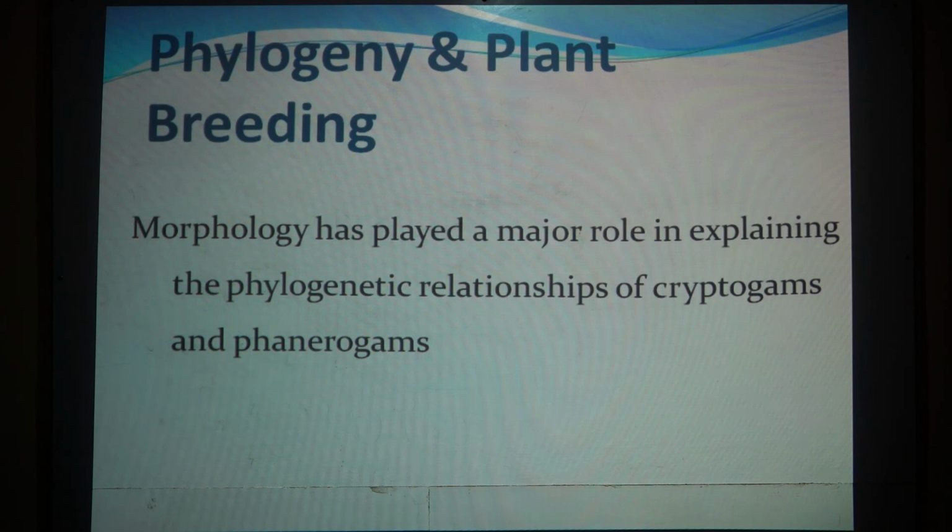The similarities as well as dissimilarities in morphological features of higher plants like angiosperms and gymnosperms, as well as lower plants like algae, bryophytes, pteridophytes, have played a major role in tracing the origin of subgroups, classes, orders and families of the above groups of plants.